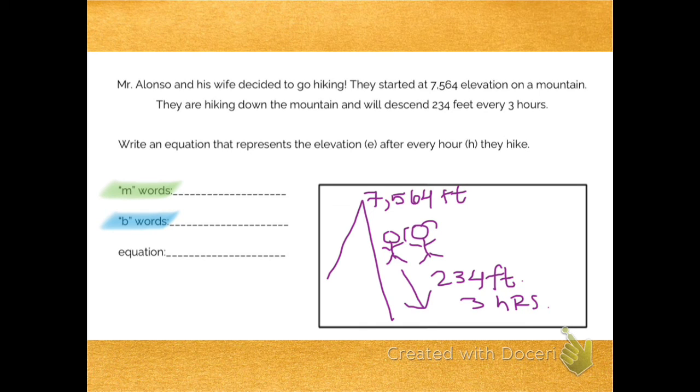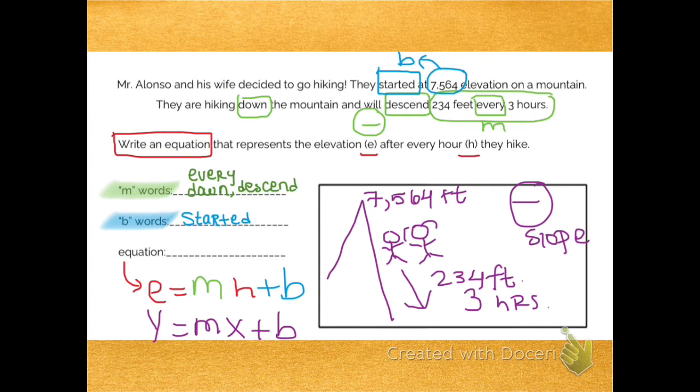They're beginning at that level of 7,564 feet elevation, and then they're going down or hiking down 234 feet every 3 hours. So what does that tell us about our slope? It's going to be negative, right? Negative slope. I'm actually going to make a note of that right there. Okay, and the picture also tells us that we're going down, okay? All right, now let's go ahead and cube. I need you guys to cube. I will be cubing and we will compare.